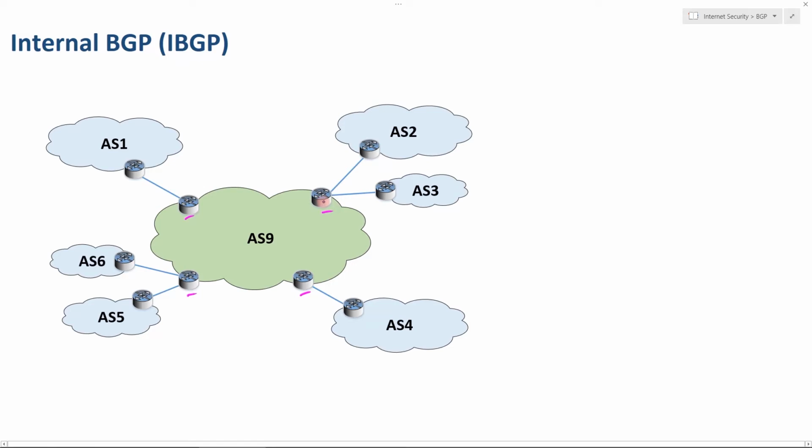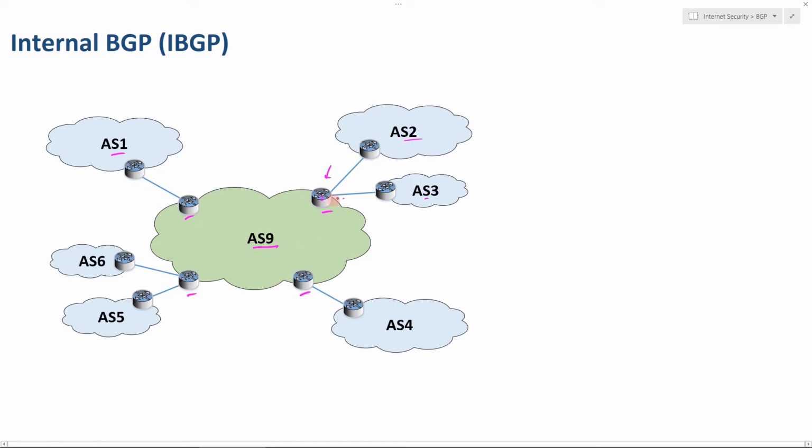Now internally, they will forward information that they collect from here. They're going to forward that to the other one, because to the outside world, they only see this AS9. So AS1 will know that you can reach AS2, AS3 through AS9.